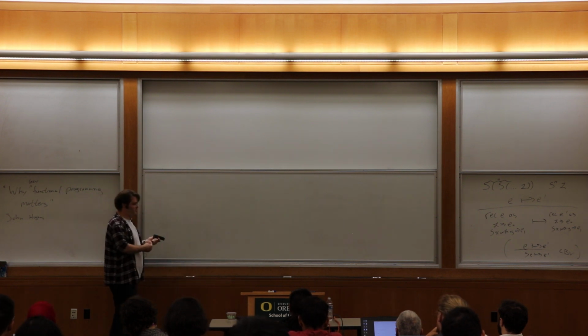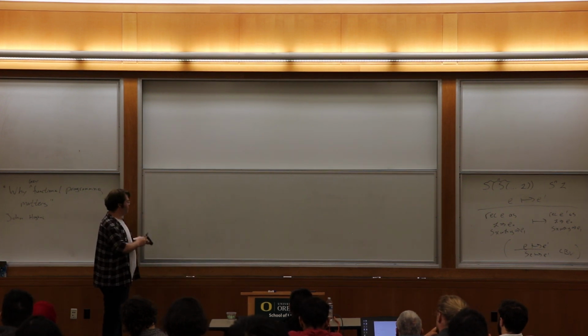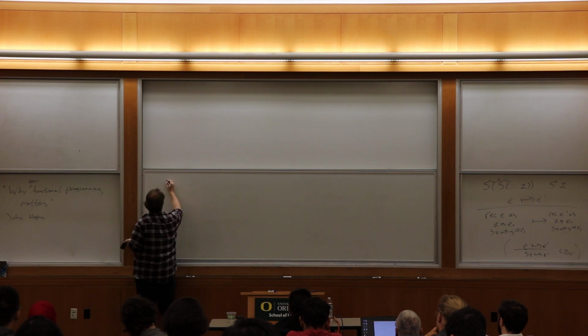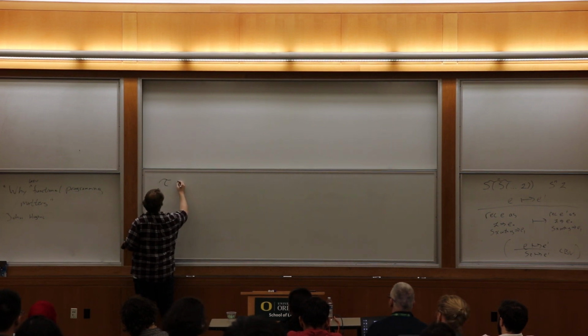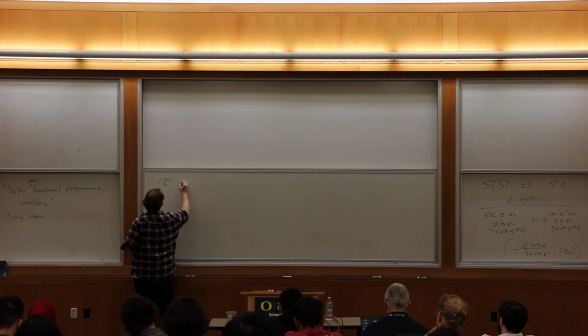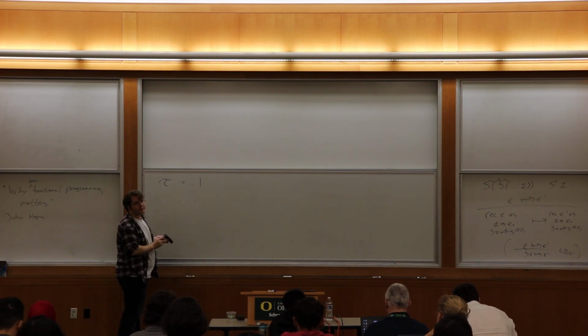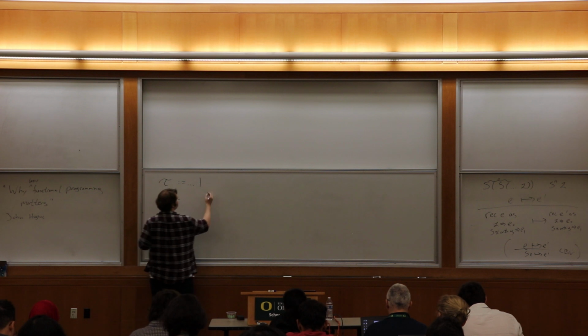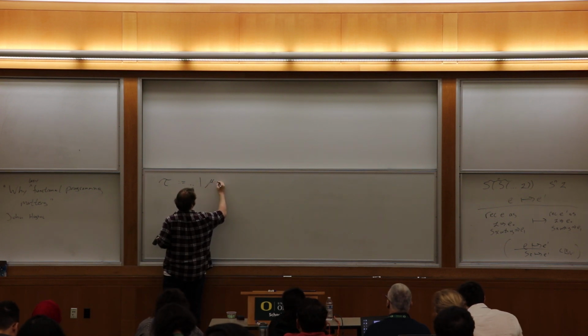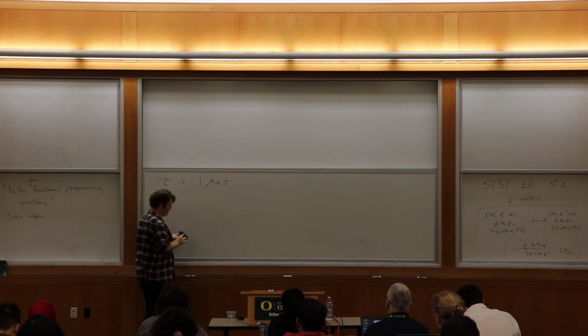Now, how to do this more generally? I'll write a recursive type, or a recursive type former. So now, whatever other types I happen to have, the recursive type, I will write like this: mu alpha dot tau.